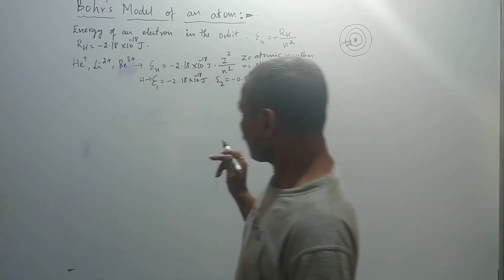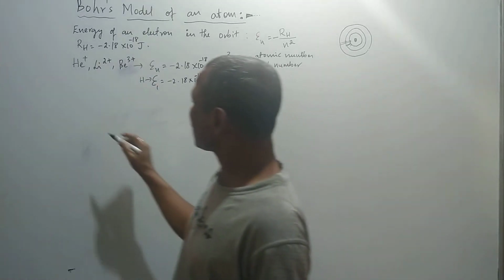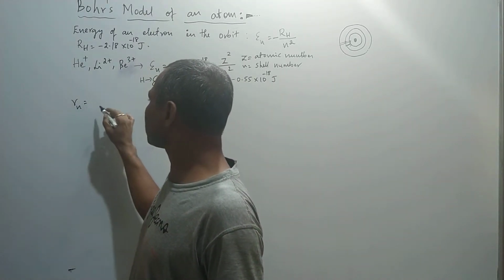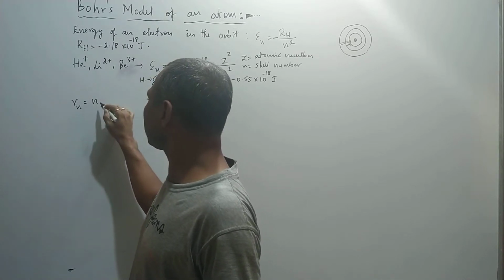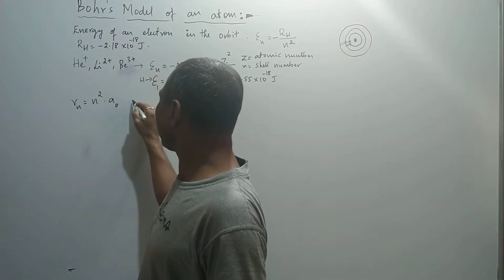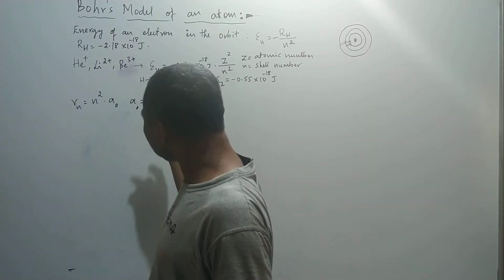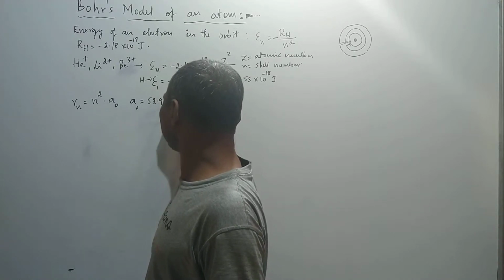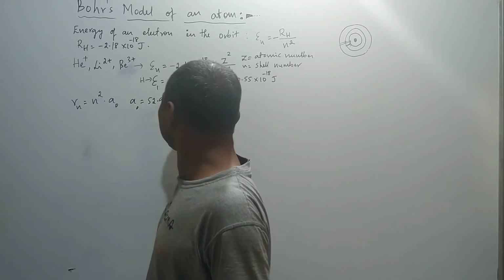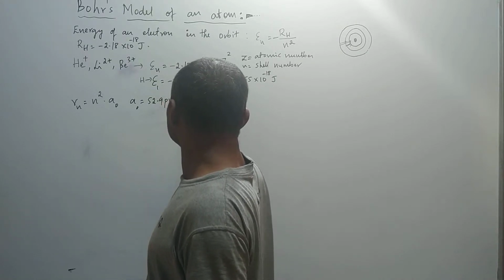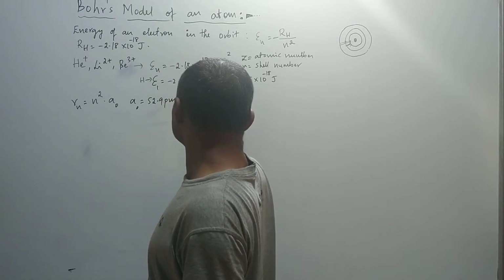Now, how to consider the radius? The radius value for the generalized equation is given as n square into a naught, where a naught value can be considered in two ways, either 52.9 picometer or 0.53 angstrom.